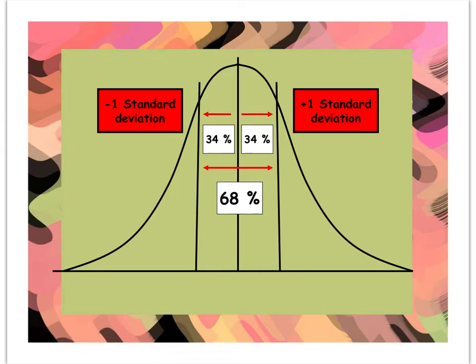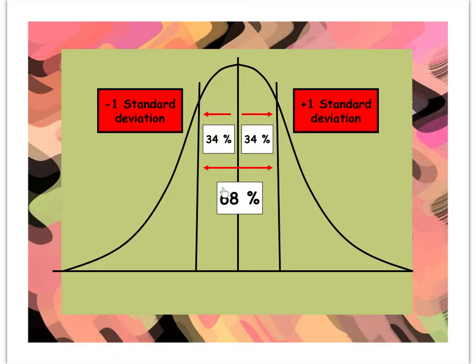But first, let's look at the percentage of the population that would fall between a standard deviation of -1 and +1, or even -1 and 0. The bulk of our population is here, so we would say 68% fall between a -1 and a +1.